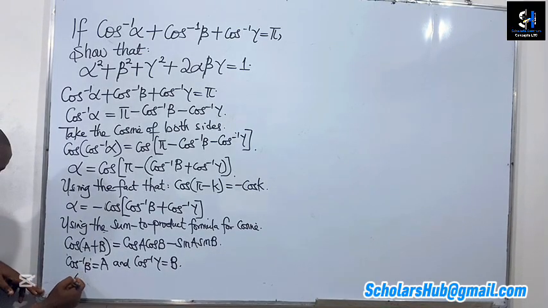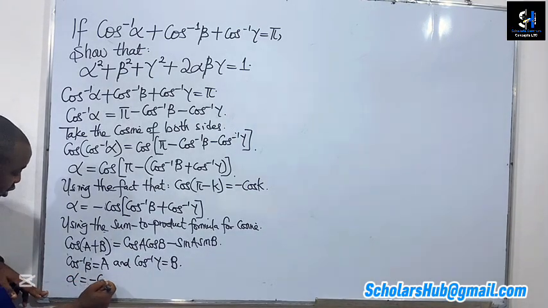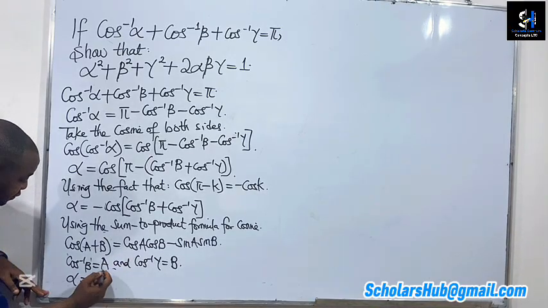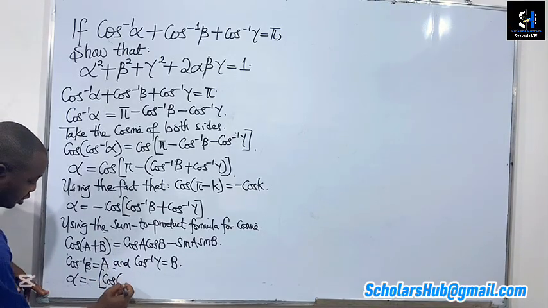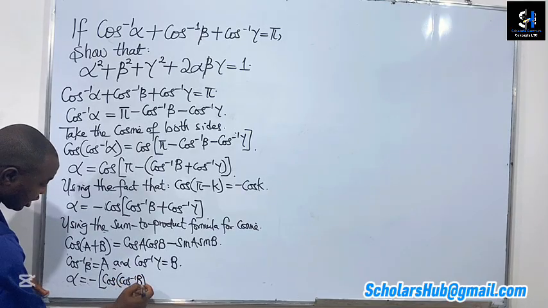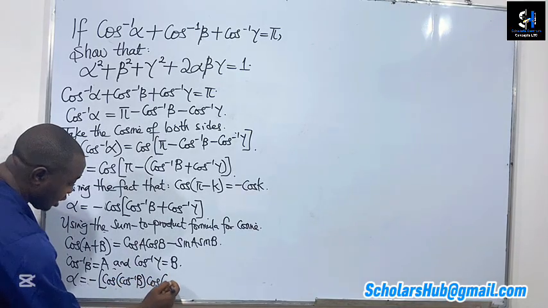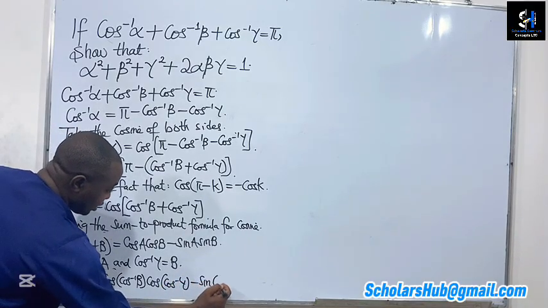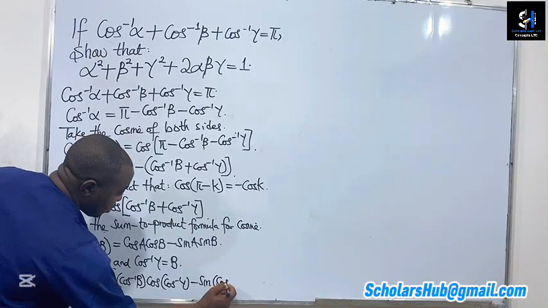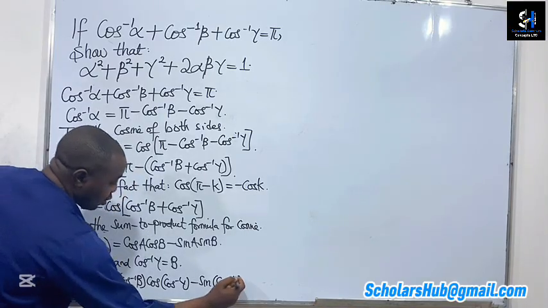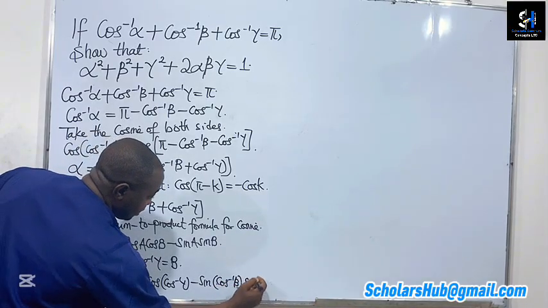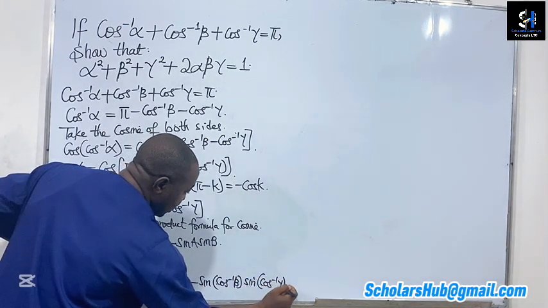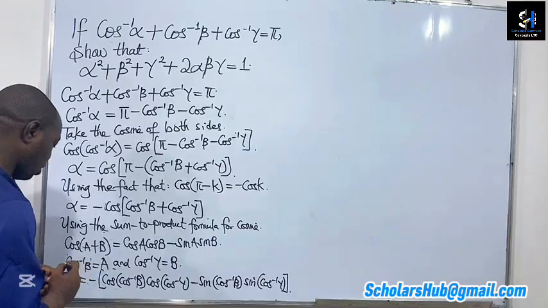So if we apply that in this case, we have alpha equal to negative open square bracket cos of inverse cos of beta times cos of inverse cos of gamma minus sine of inverse cos of beta multiplied by sine of inverse cos of gamma, then close the square bracket.